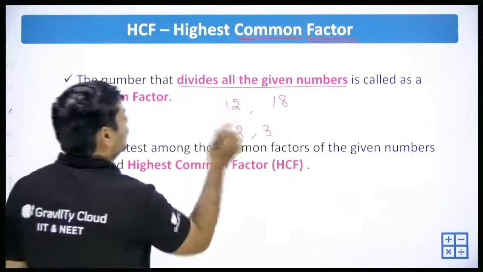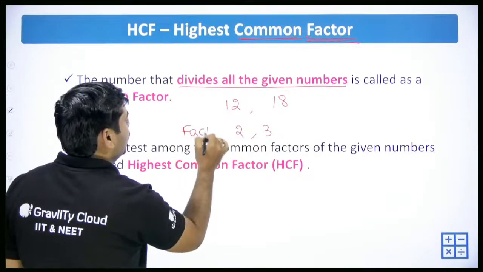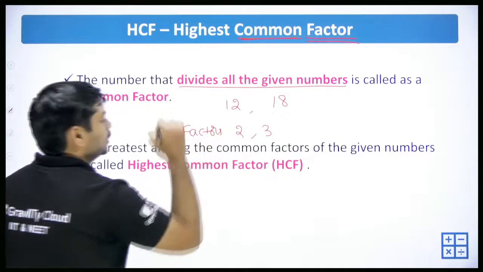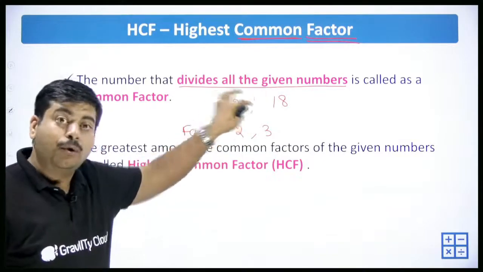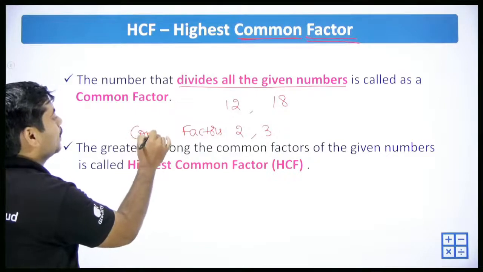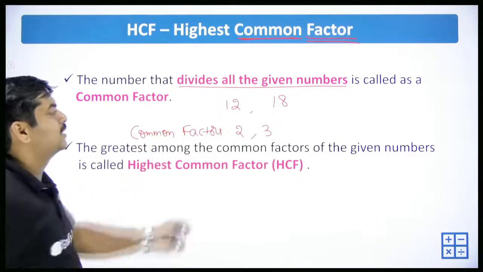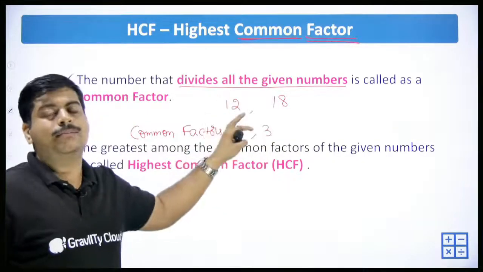So 2 and 3 are the factors of both 12 and 18, so these are common factors. They are not factors of just 12 or just 18; they are factors of both the numbers.